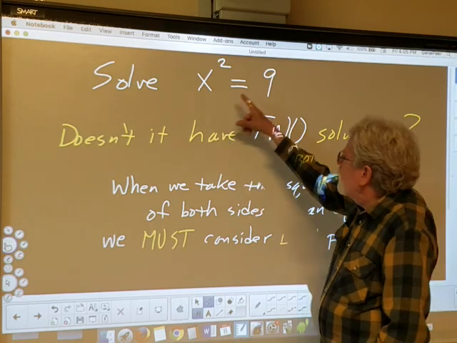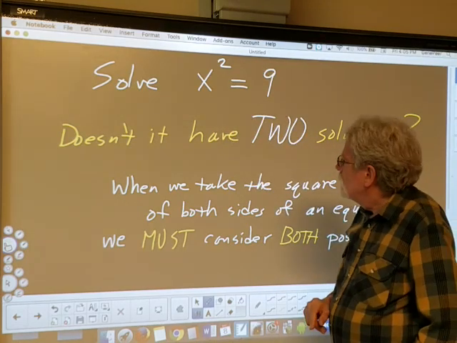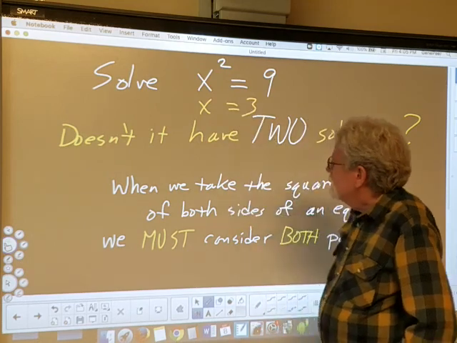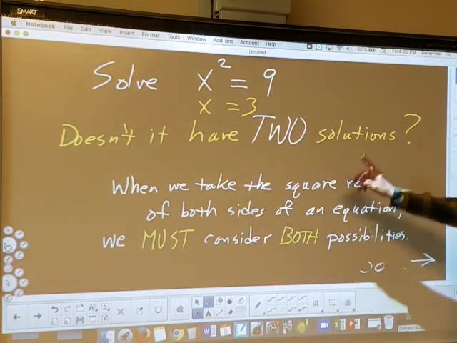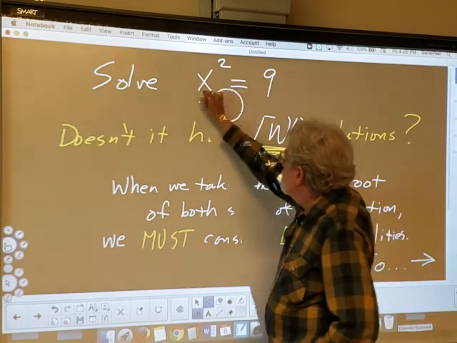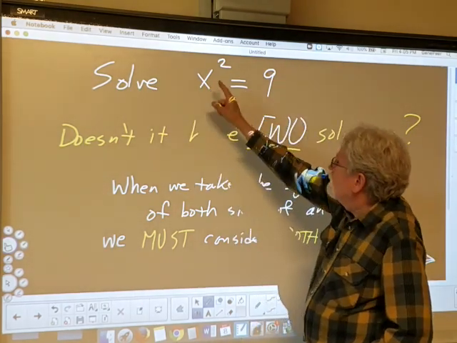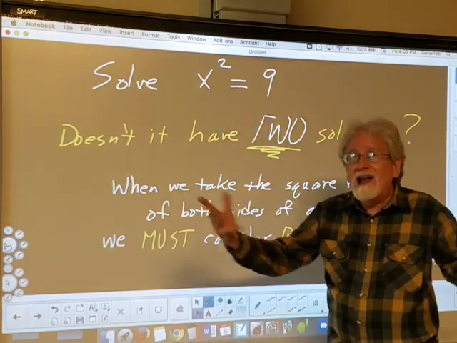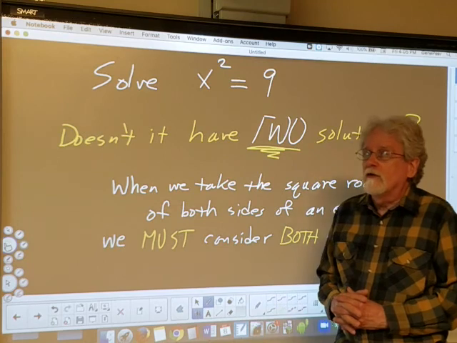If we take the square root of both sides, one might say, oh, we get x equals 3. But wait a moment. Doesn't this have two solutions? Let's face it. This will work if x is 3, but this will also work if x is -3. We get two solutions.